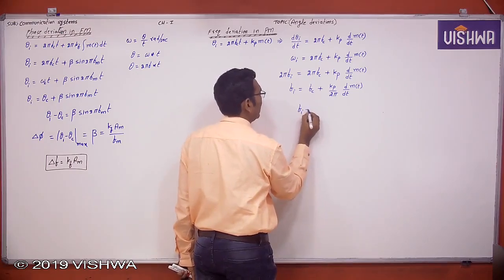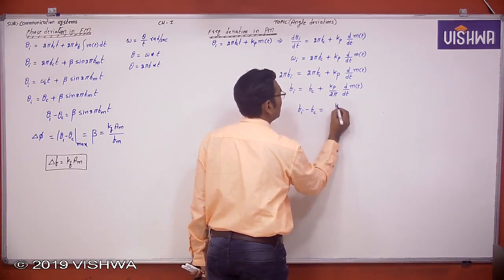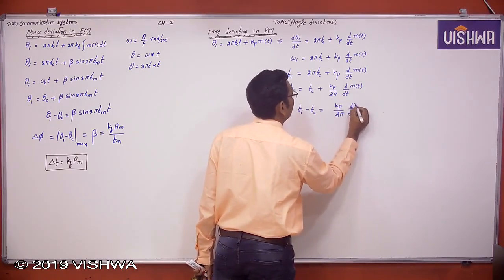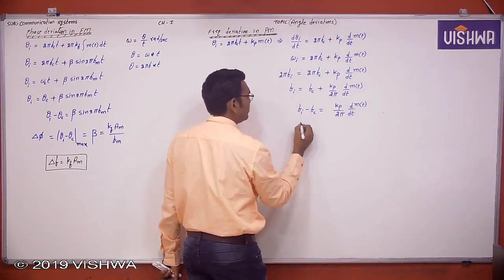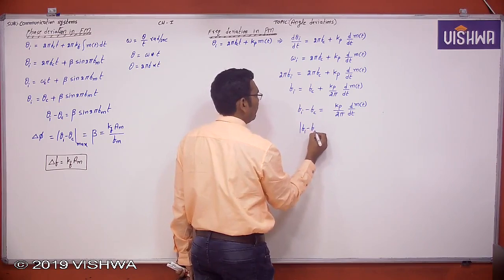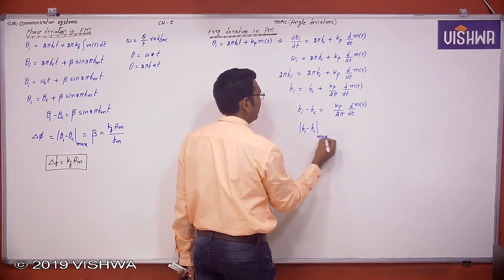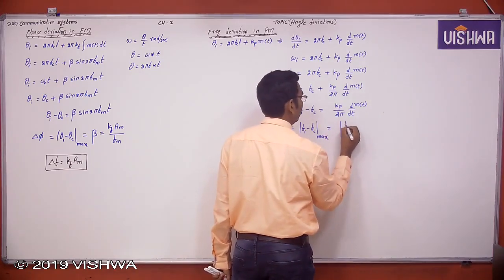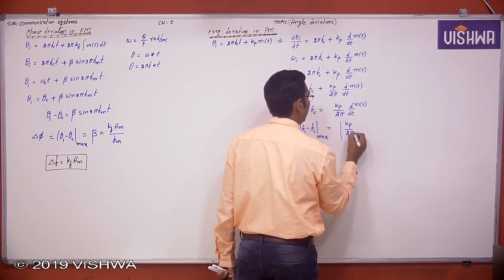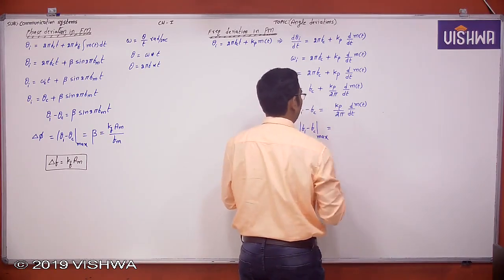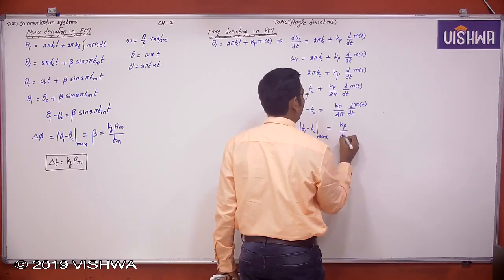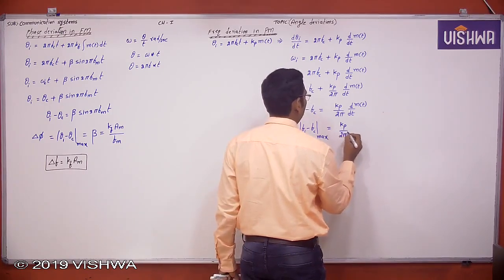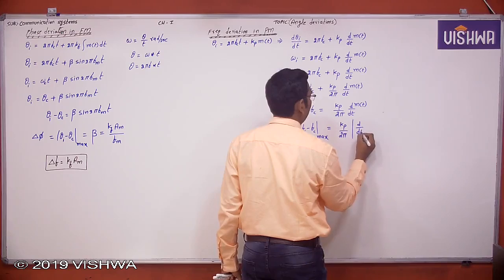The frequency change fi minus fc is equal to kp by 2 pi into d by dt of m of t. Now what is the maximum frequency change? The maximum frequency change fi minus fc is nothing but the frequency deviation in phase modulation, kp by 2 pi into d by dt of m of t.